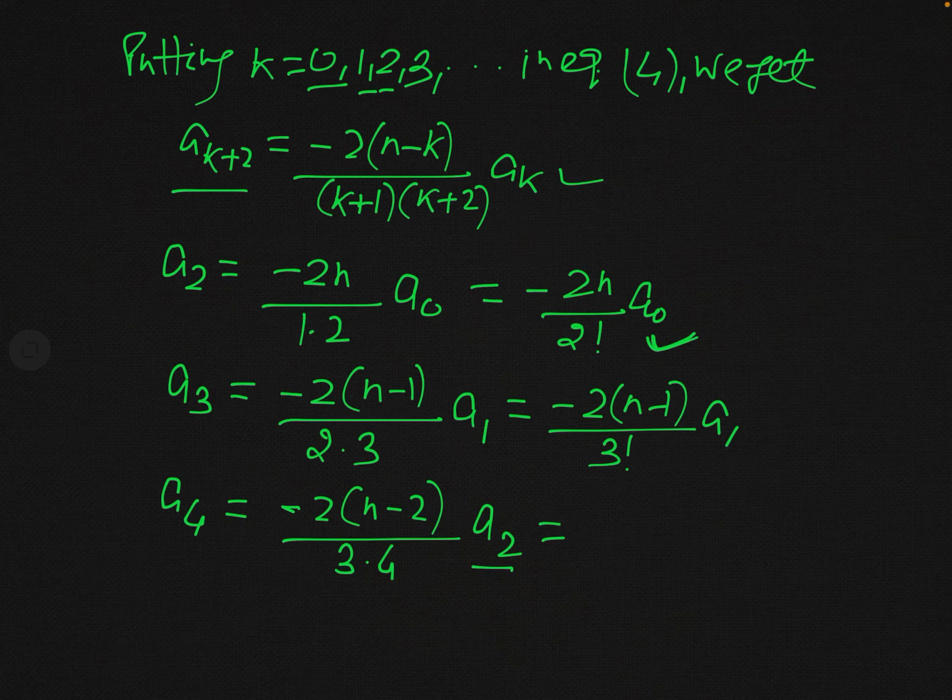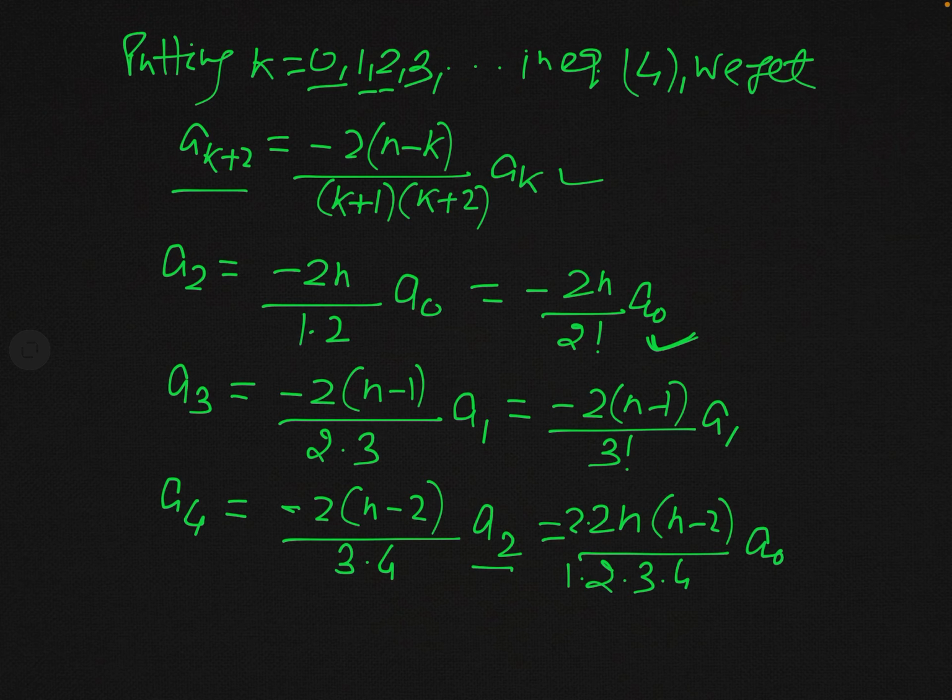So after substituting this value, this minus and here is already minus, so that will become plus. And so this will be 2 times 2n times n minus 2 over 2 times 3 times 4, you may write also 1 here, and a naught.